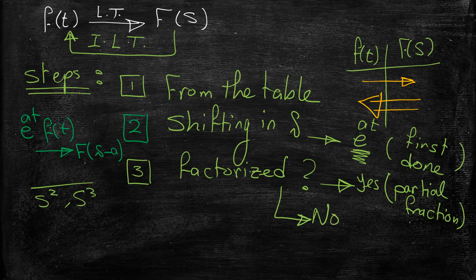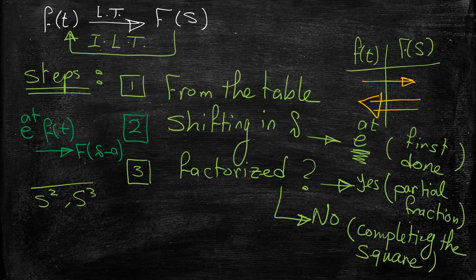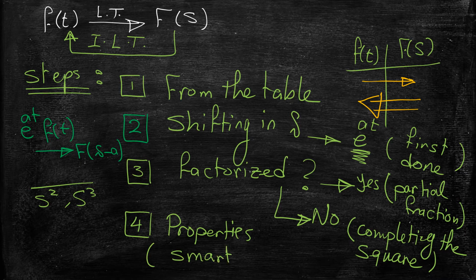If no, it means we can do completing the square, and then it can again be reduced to one of the first two steps. Otherwise, we can use the properties in some smart way, so this needs a smart view. So let's keep this in mind, and then let's move forward and see how we can use these.